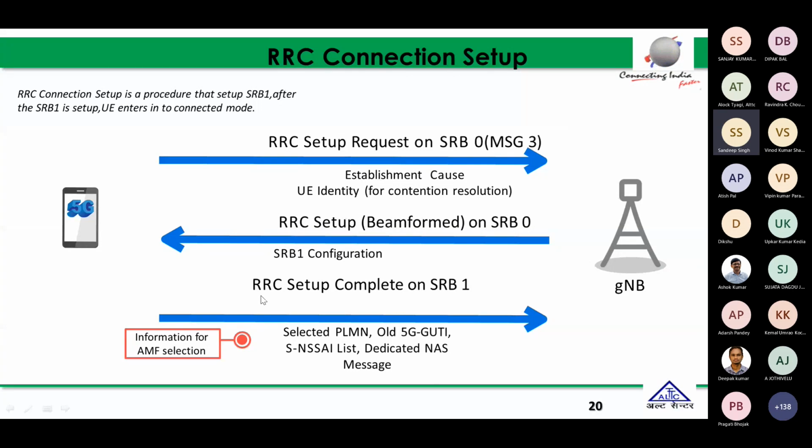And one extra message comes in the RRC connection setup. It is a three-step procedure when the UE informs the gNodeB with the RRC setup complete message. This third message, the RRC setup complete, is sent on signaling radio bearer, that is SRB1. This one is the dedicated control channel. This SRB0 is the common control.